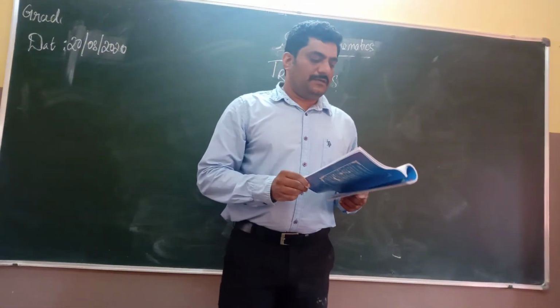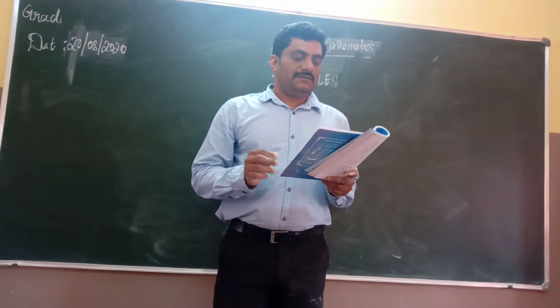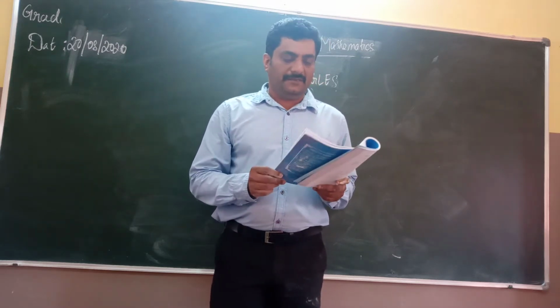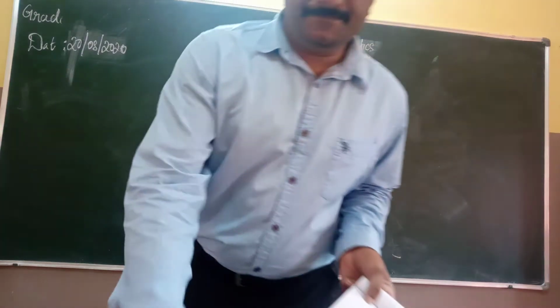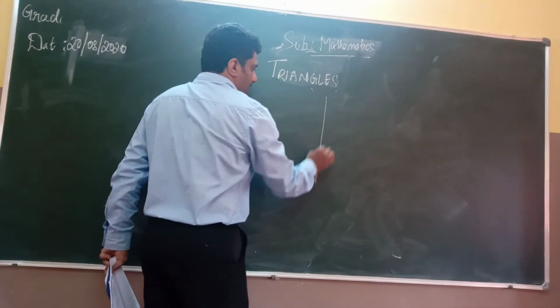Now the next problem: AD and BC are equal perpendiculars to a line segment AB. Show that CD bisects AB. Okay, there's a figure like this.